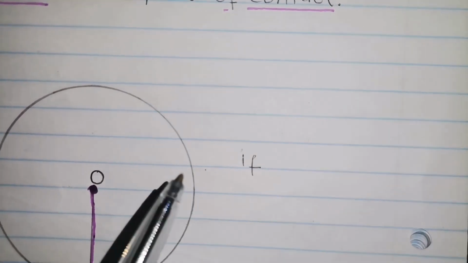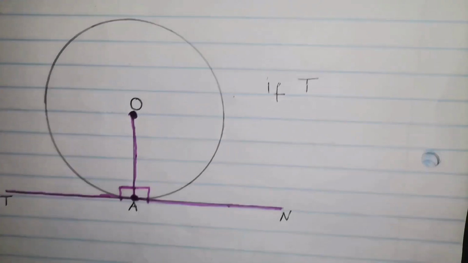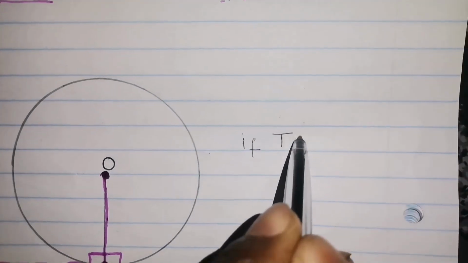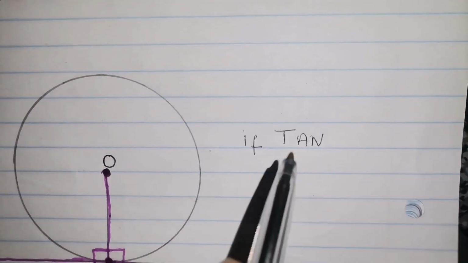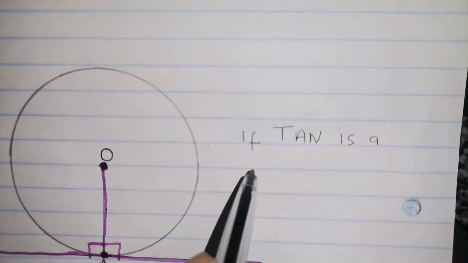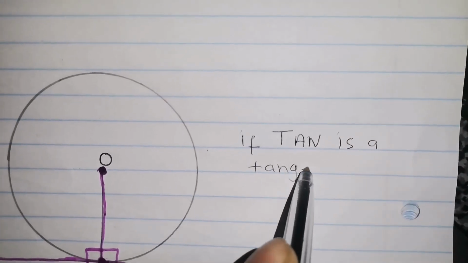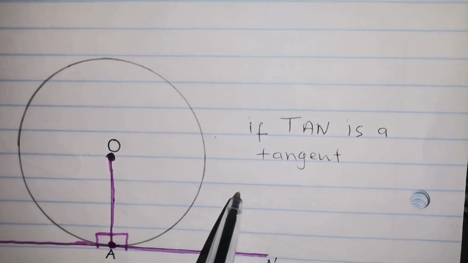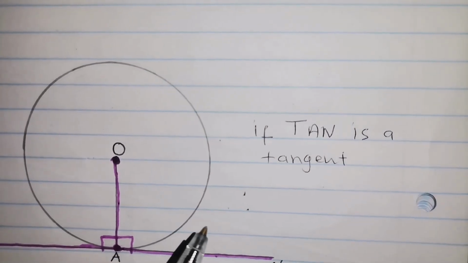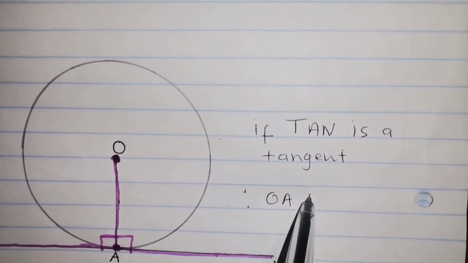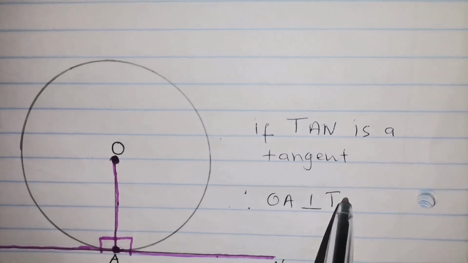So, if line TAN is a tangent, therefore OA is perpendicular to TA.